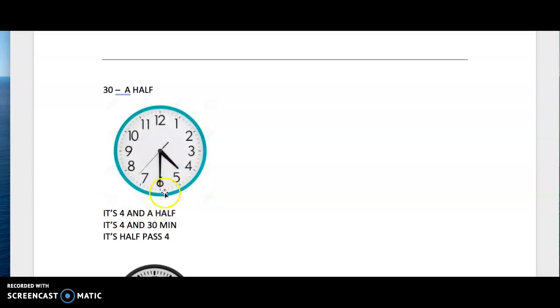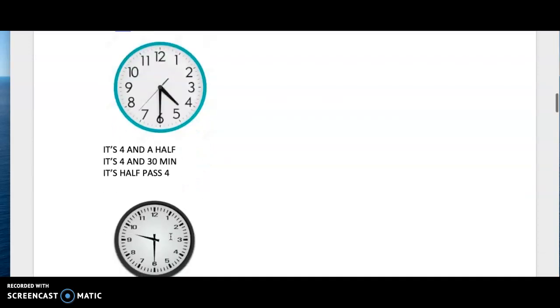Or another way, it's 4 and 30 minutes. Son las 4 y 30 minutos. Or the other way, it's half past 4. Es media hora pasadas las 4. Okay, so here we have three different ways. Okay, let's keep on practice.